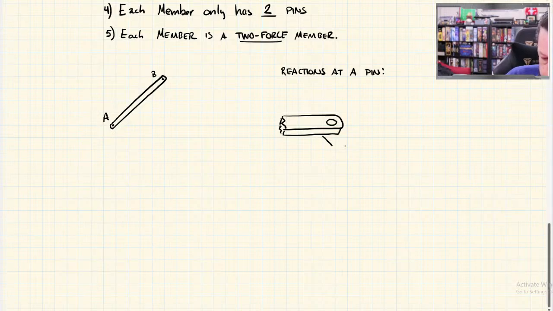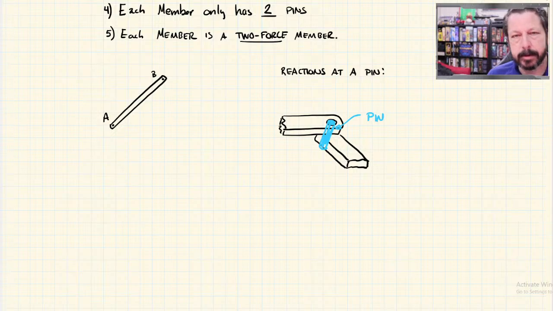Here it's two different members that are connected together, and there's a physical pin that goes through everything. It's just multiple things, usually two, but it could be more than two, that overlap. They have a hole drilled through them, and there's a pin, like a dowel rod, that goes through that hole and holds it all together.